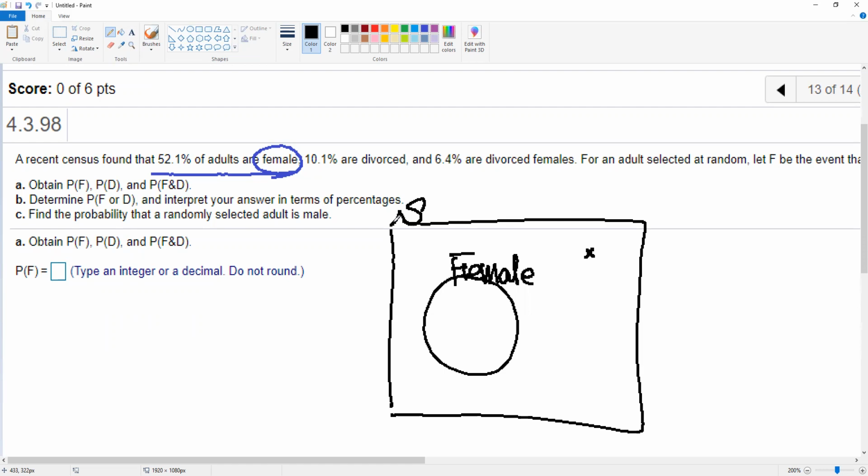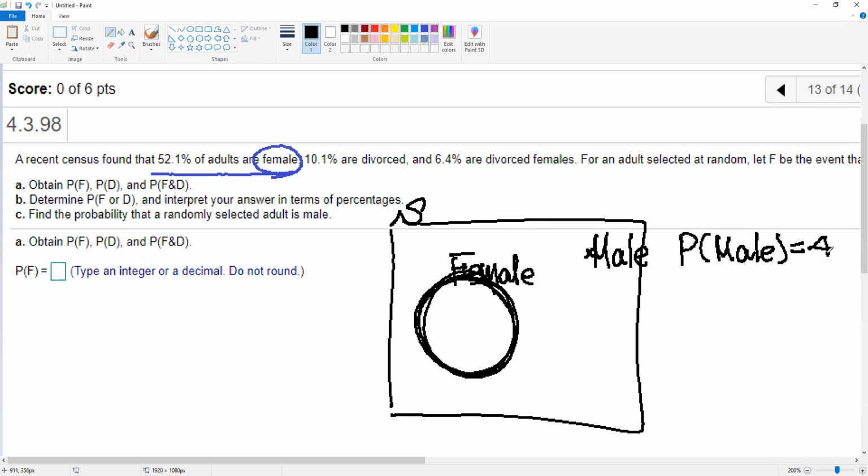We have male, right? Inside the circle there are females, 52.1%. But outside there are males. Can you guess what percentage the males are? I can say it will be 47.9%. I'm sorry, I don't have space.